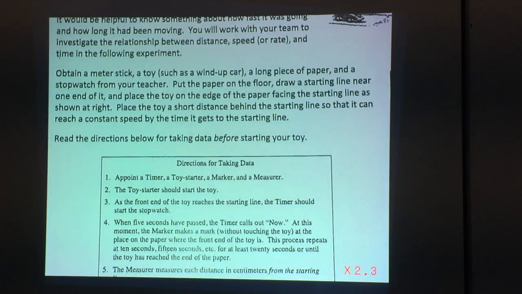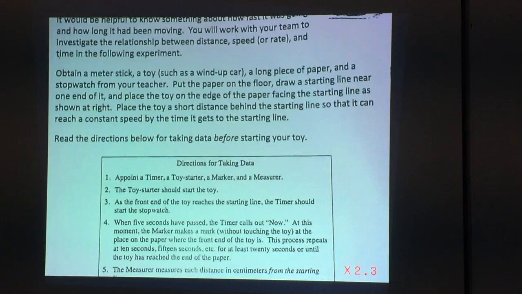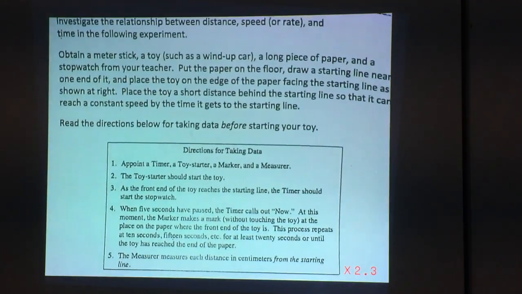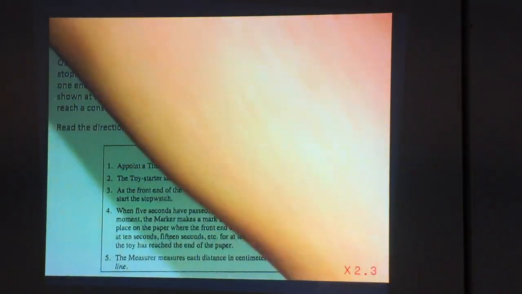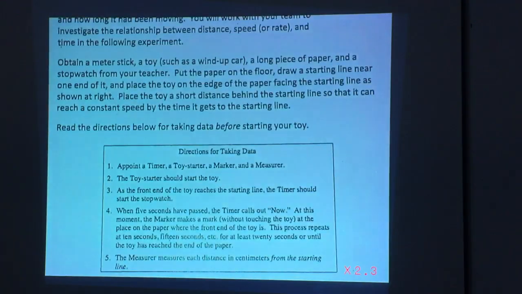Directions for taking data. Number 1, appoint a timer, a toy starter, a marker, and a measurer. 2, the toy starter should start the toy. Number 3, as the front end of the toy reaches the starting line, the timer should start the stopwatch. Number 4, when 5 seconds have passed, the timer calls out now.